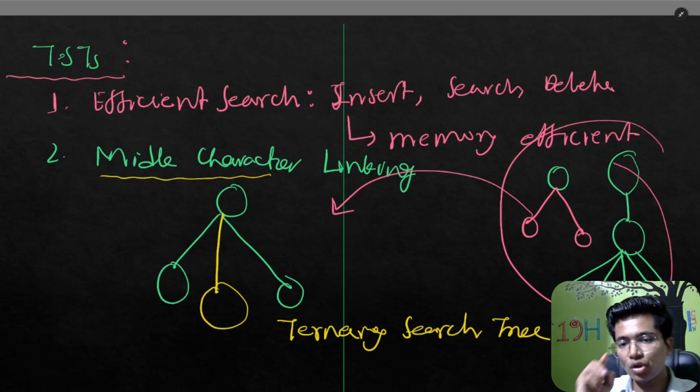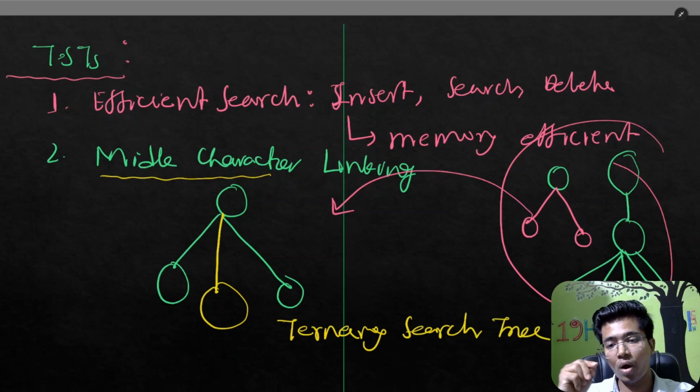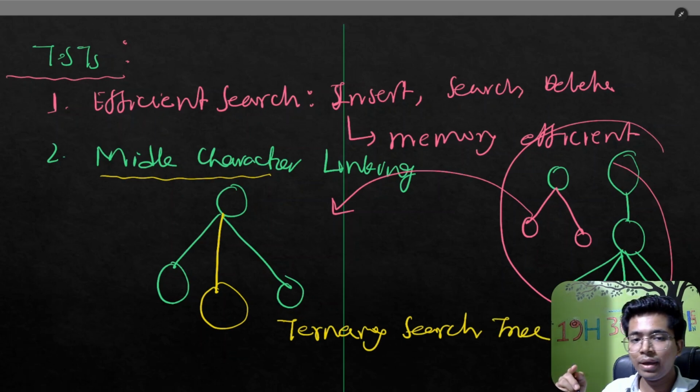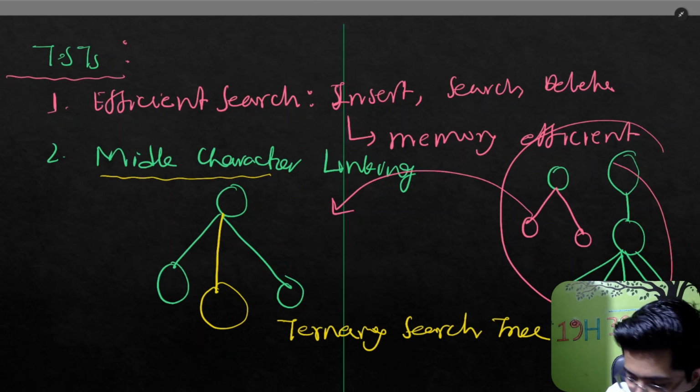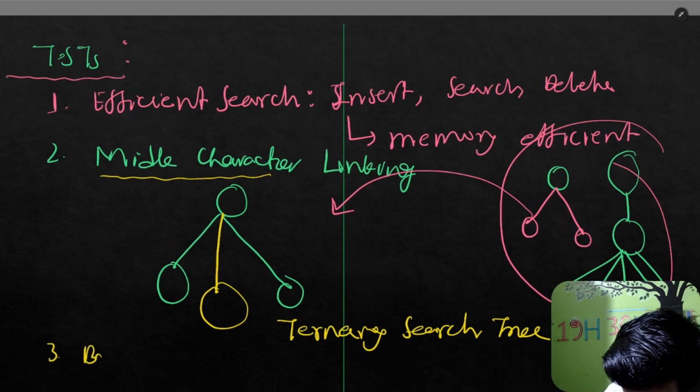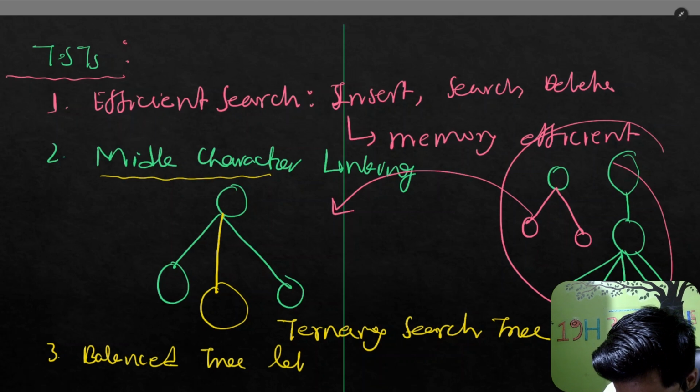So this is the actual structure of the ternary search tree that you have observed in the beginning. And the third important aspect is that it has a balanced tree like structure.